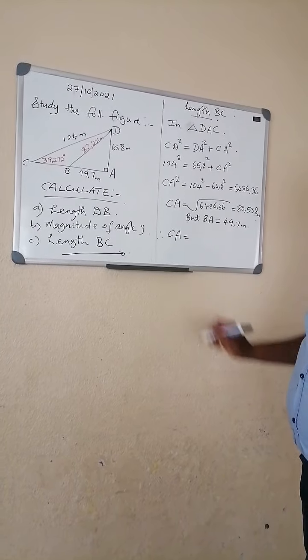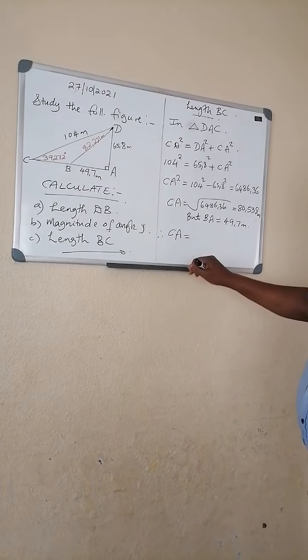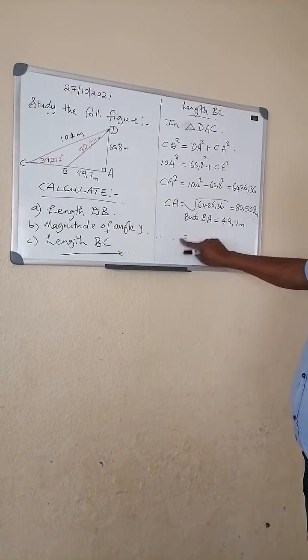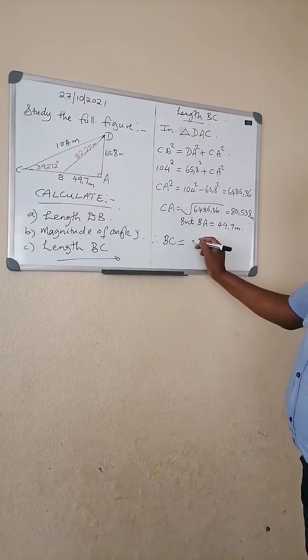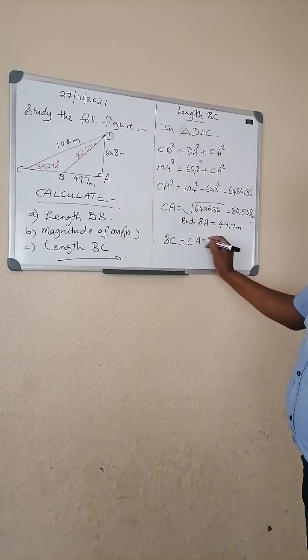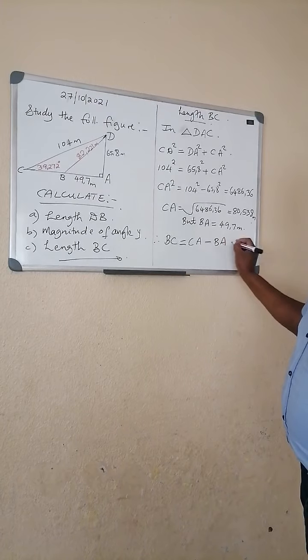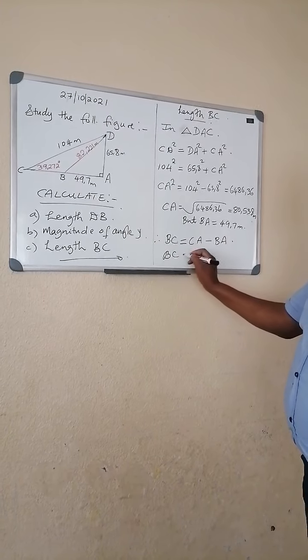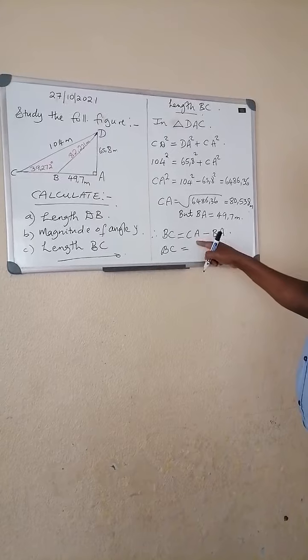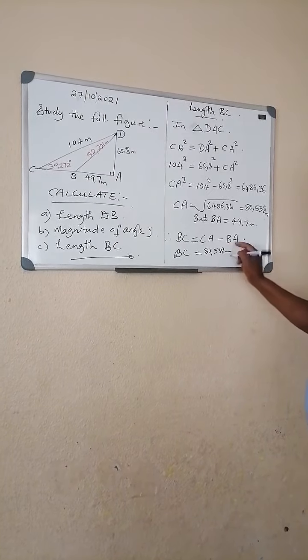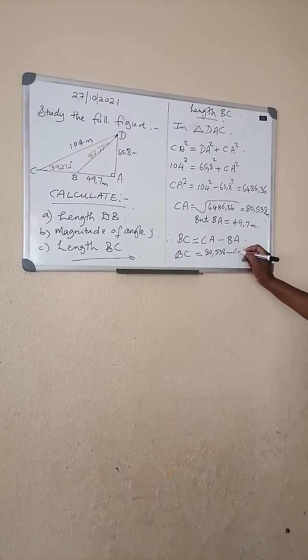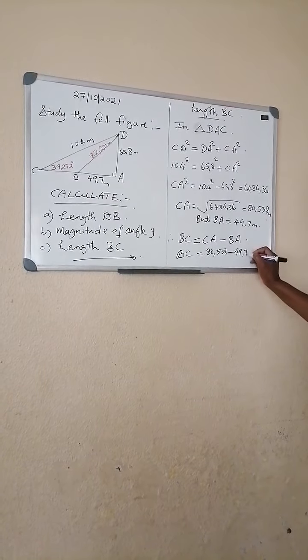Now, therefore BC, which we are looking for, the BC will be the CA minus the BA. Now, this BC will be, what is CA? CA is 80.538. What is BA? BA is 49.7.